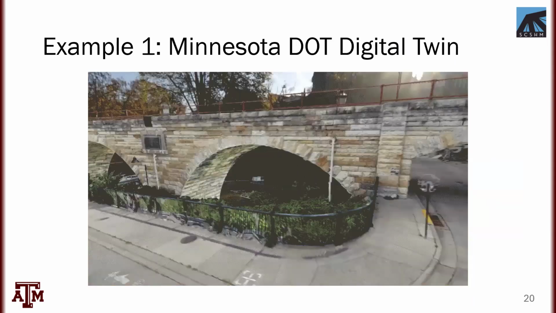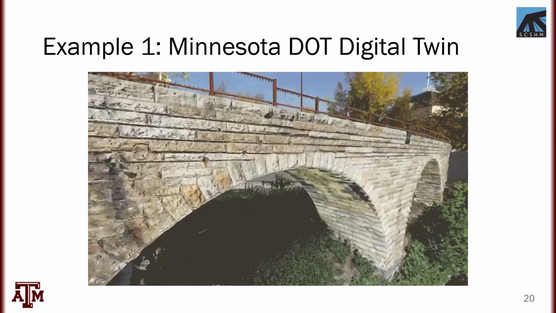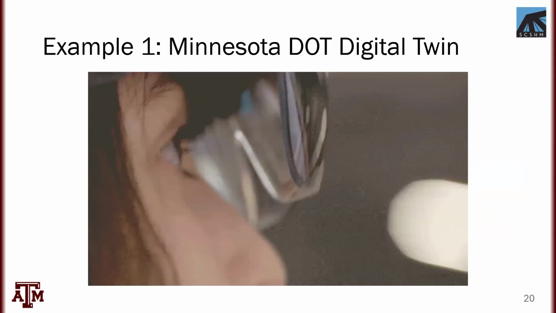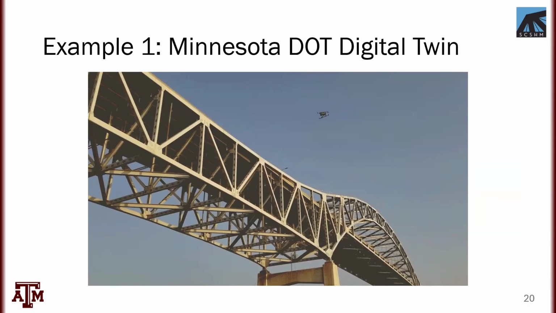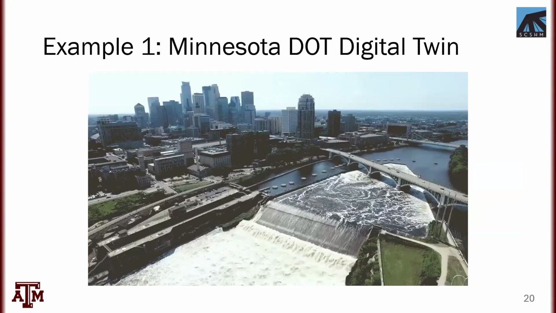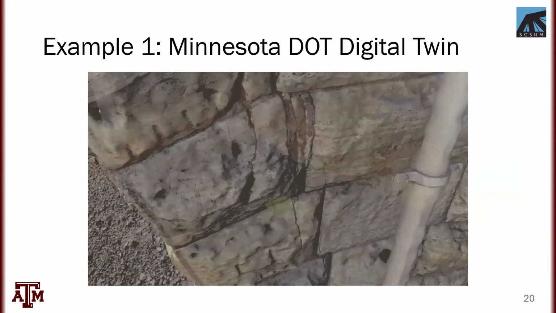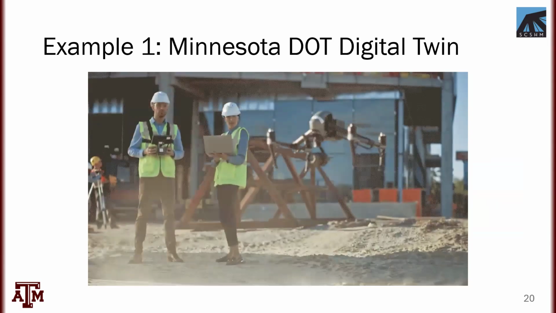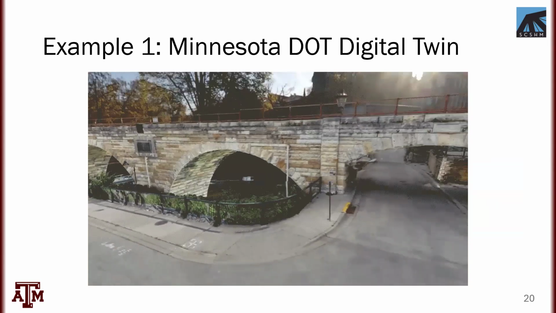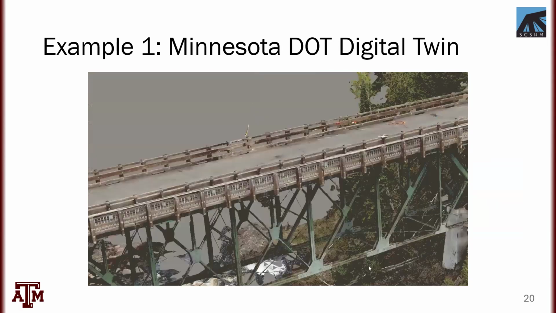Here's an example of Minnesota Department of Transportation, one of the first in the United States deploying digital twin technology. They actually have a really interesting document that's publicly accessible online on this. But basically what they did was they used a UAV to assist with their inspection process.